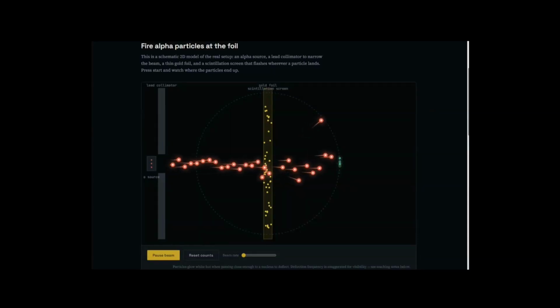So most of the mass must be highly concentrated in a very, very small part of the atom, and that's the only thing which will interact with these other nuclei. So he knew as well that it must be highly positively charged.